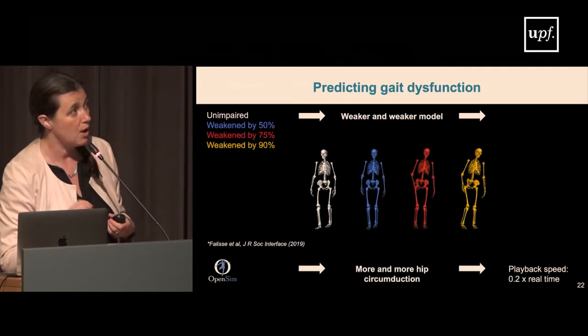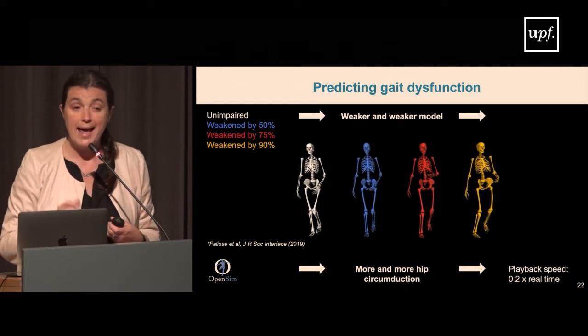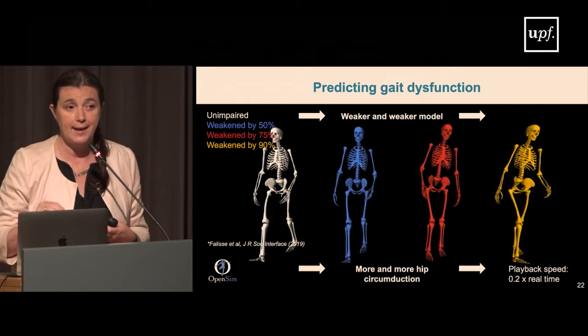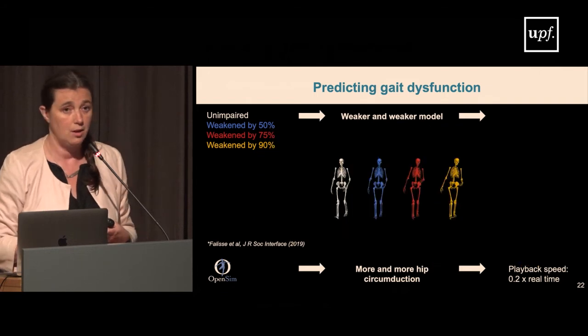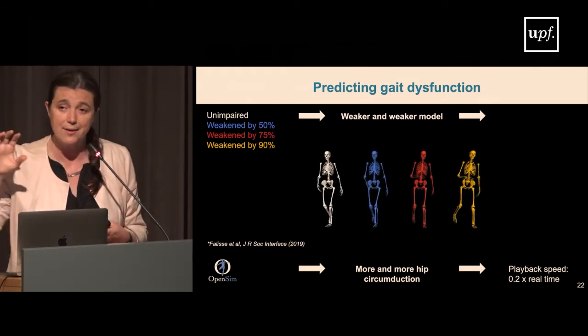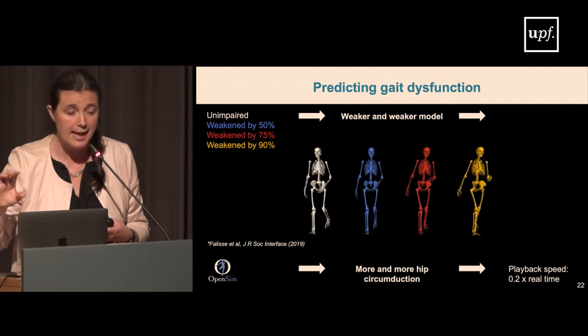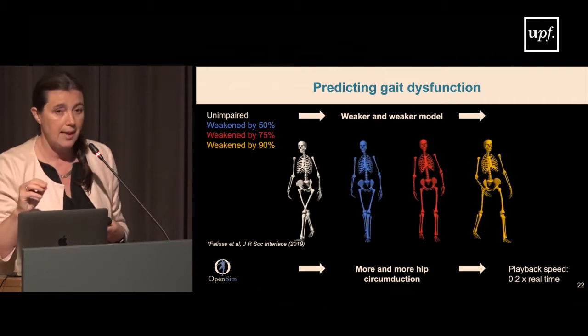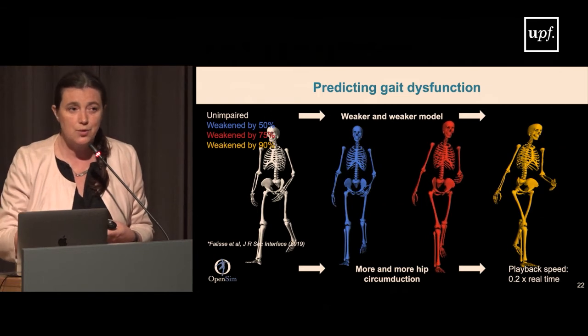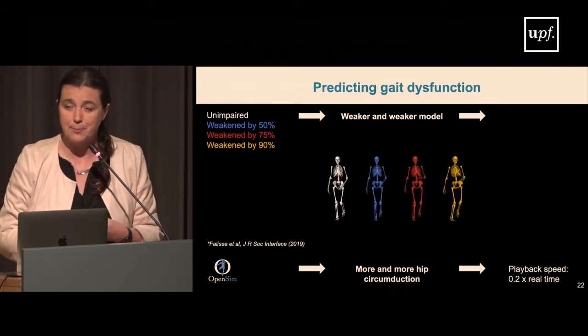But what is the nice thing about this is that we can also introduce changes in the model. For instance, we can weaken muscles and we can see how the model is adapting to maintain its walking strategy. For instance, here you see 4 different models with different levels of muscle weakness, and the model is able to find compensations that allow it still to produce symmetrical gait patterns.